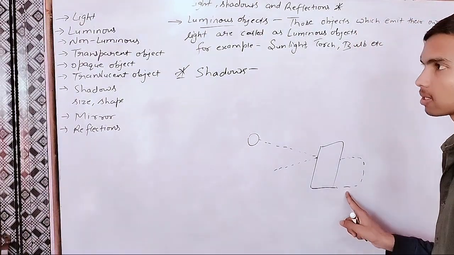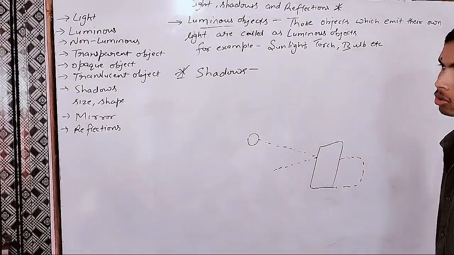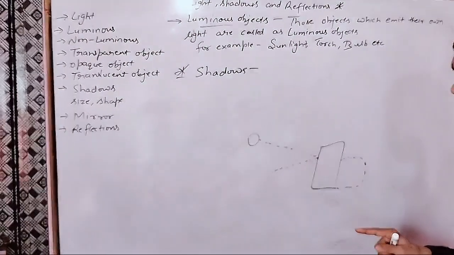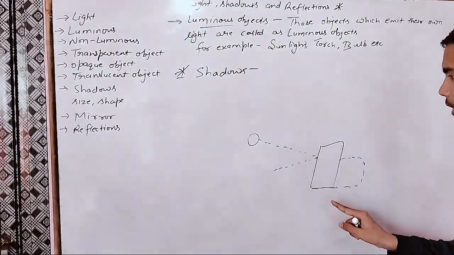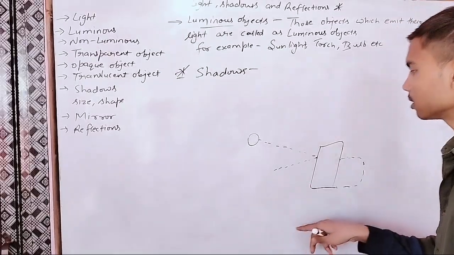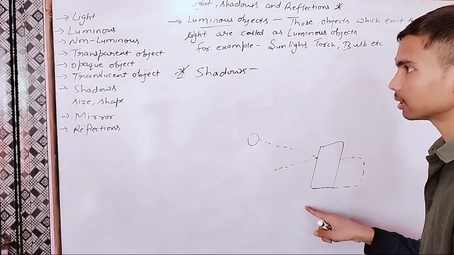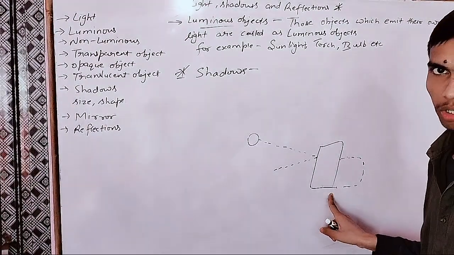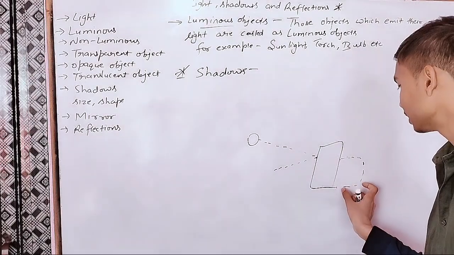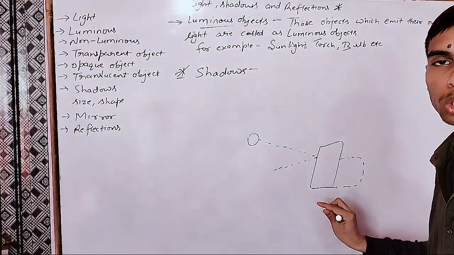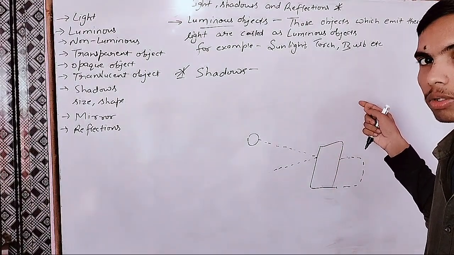Here, this is a formation of shadow. So let's first of all understand the size of a shadow. If this source light is put near, in front of the opaque object, then the shadow of this opaque object would be in larger form.